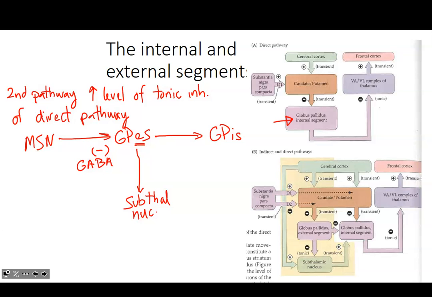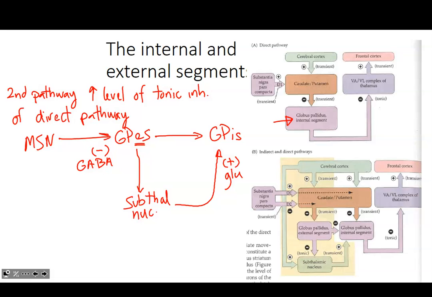The projections from the subthalamic nucleus, those axons, synapse on the internal segment. And this synapse is excitatory. In this place, glutamate is used as the neurotransmitter.